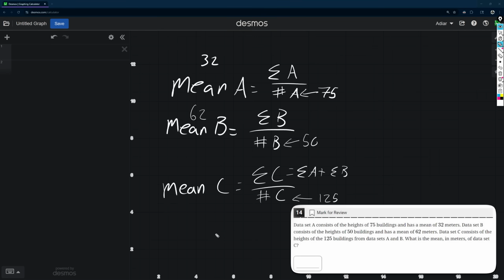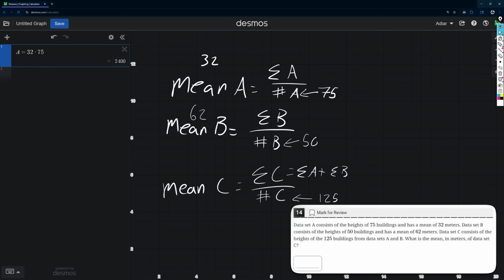Why I write all this out is because if we look at it, we actually can multiply the number of A over to the other side, and similarly multiply the number of B over to the other side. So we can get what the sum of all the numbers inside of A is, and we can get what the sum of all the numbers inside of B is. From now on, I'm going to call the sum of all the numbers inside of A just A. So A is 32 times 75.